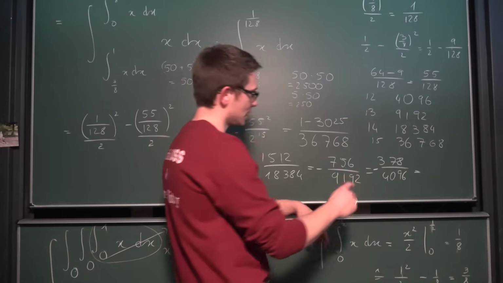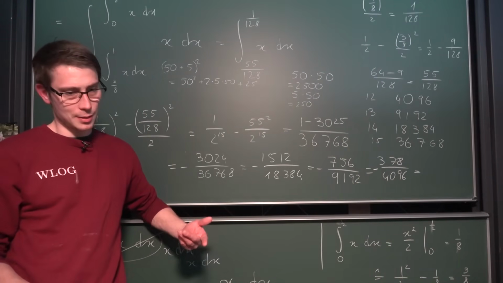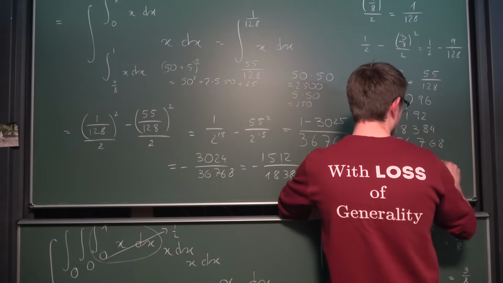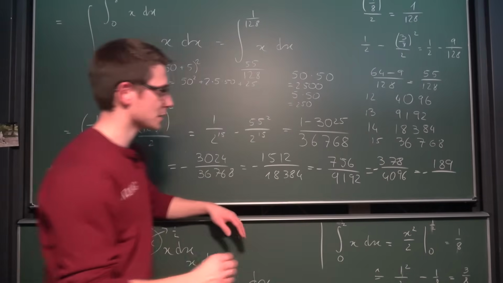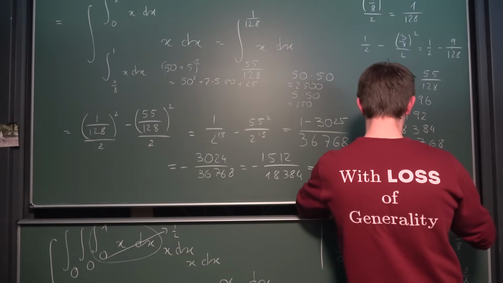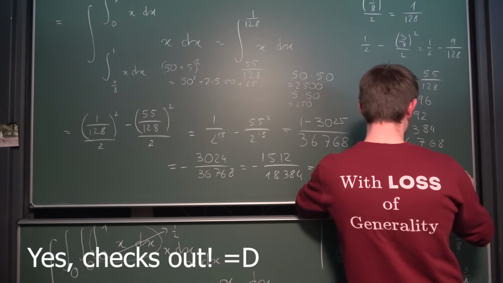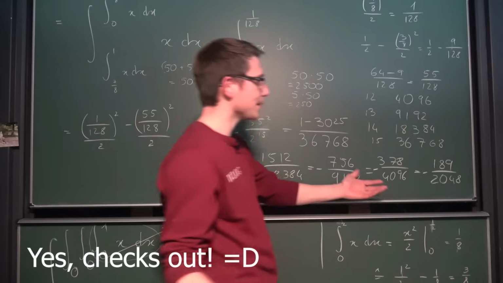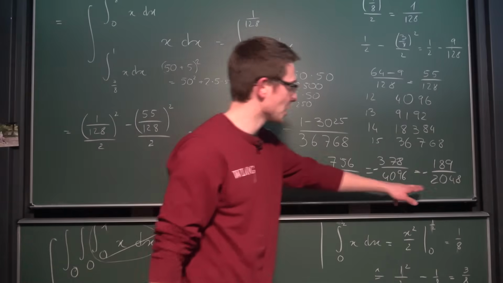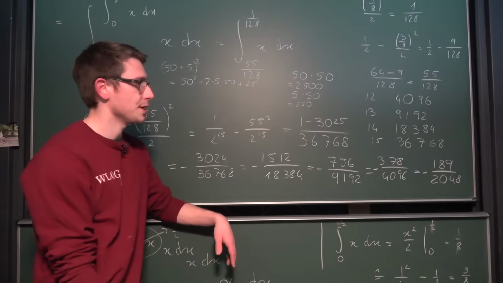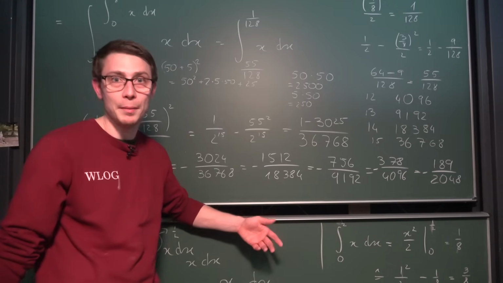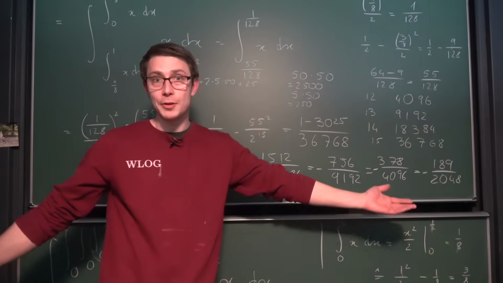So this right here is negative 189. Okay, this is where we reach a limit, I suppose, divided by 2,048. And this is where we actually reach a limit of this computation, because obviously this is just a multiple of 2, no other numbers, and 189 is a number. Maybe it's a prime number, I don't know. Maybe you can find out.